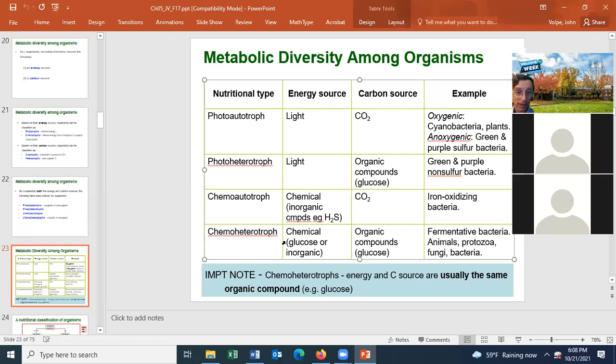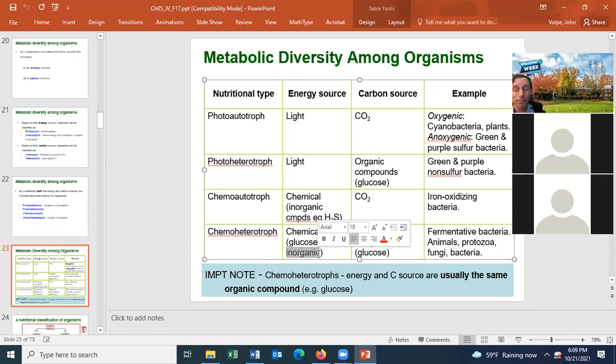Chemoheterotrophs get their energy needs from a chemical compound, and this can be an organic chemical compound like glucose, and that would be us. We're a chemoheterotroph, getting our energy needs from glucose or some other food. But there can be a chemoheterotroph which gets its energy needs from an inorganic chemical compound, such as iron or ammonia or sulfate.